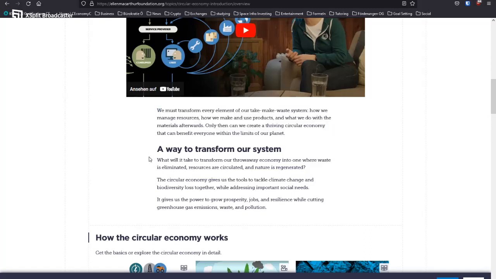What will it take to transform a throwaway economy into one where waste is eliminated, resources are circulated, and nature is regenerated? The circular economy gives us the tools to tackle climate change and biodiversity loss together, while addressing important social needs. It gives us the power to grow prosperity, jobs, and resilience while cutting greenhouse gas emissions, waste, and pollution.